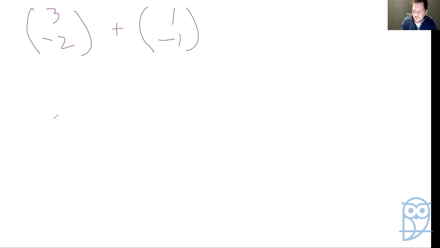If we have a look at a past paper question, for example, it says, calculate the following. And this is for a whole mark on the paper.